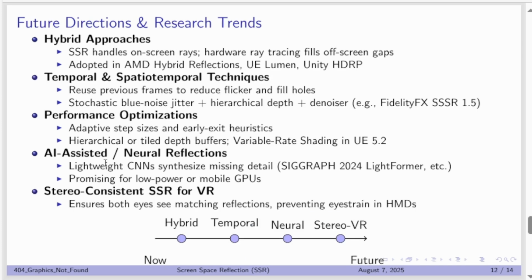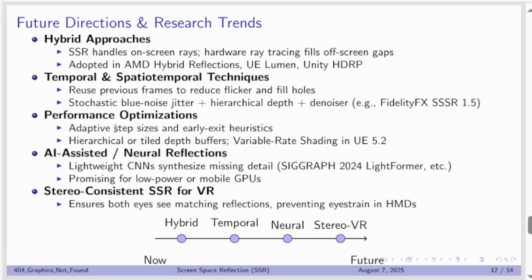Looking ahead, here's where the technique is evolving and how researchers are improving it. Hybrid pipelines now let SSR handle on-screen rays while hardware ray tracing deals with off-screen gaps. Temporal and stochastic tricks, blue noise, jitter plus hierarchical depth reuse, history, cut noise.